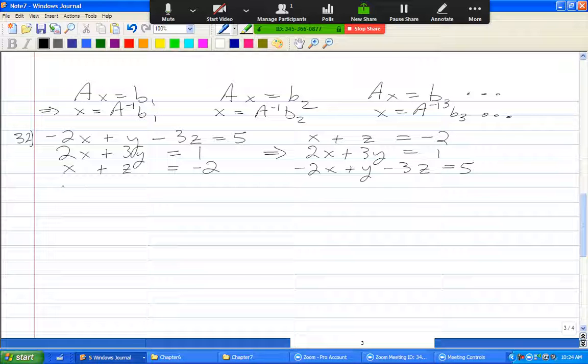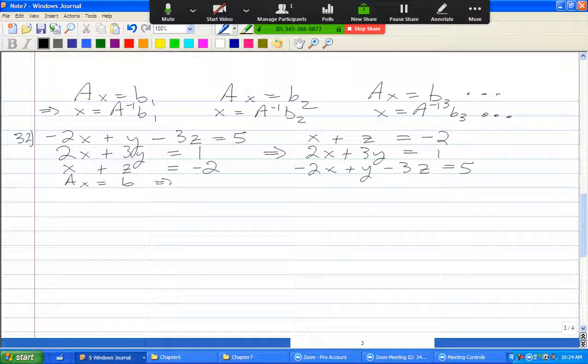And so basically, this is going to be of the form Ax equals b.